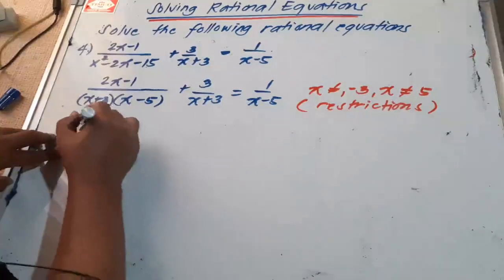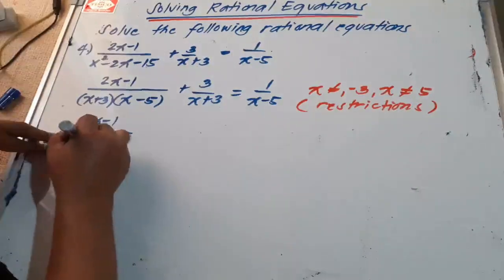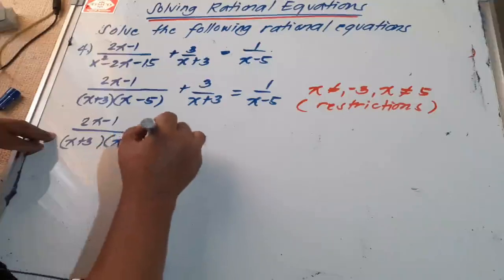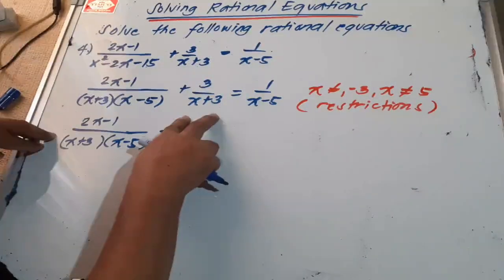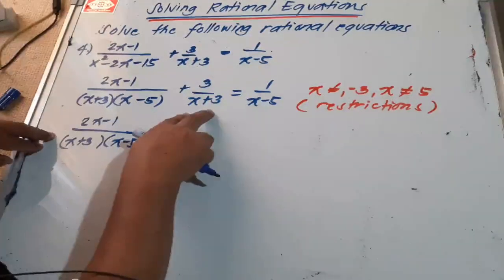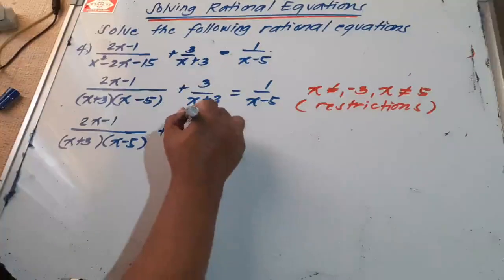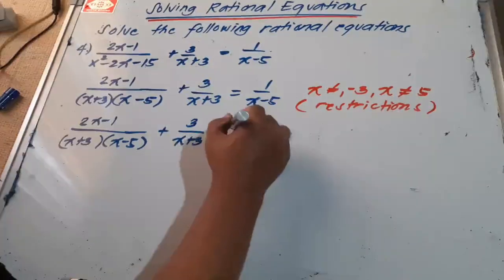So we have 2x minus 1 over x plus 3 over x minus 5. Ito yung kompletong denominator eh. So dito, sa isang denominator na ito, ang nawawala na lang is x minus 5 kasi may x plus 3 na siya. So gawin natin ganito ang kanyang denominator by multiplying the numerator and denominator by x minus 5.